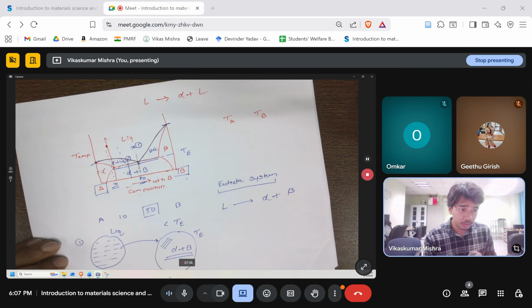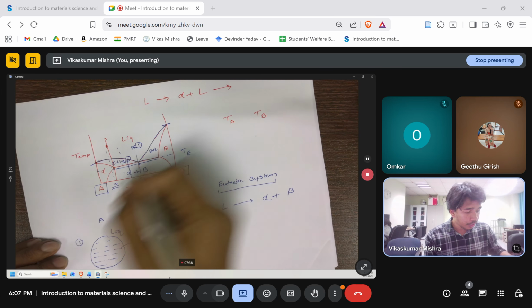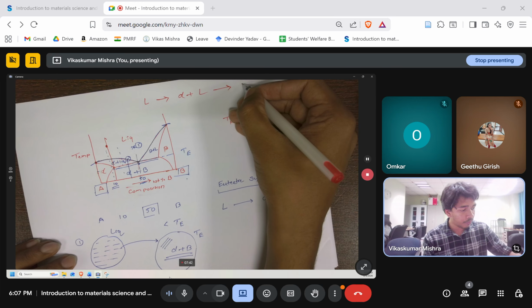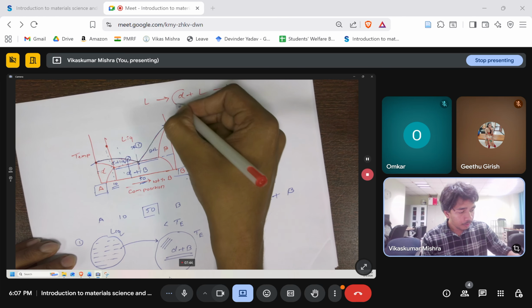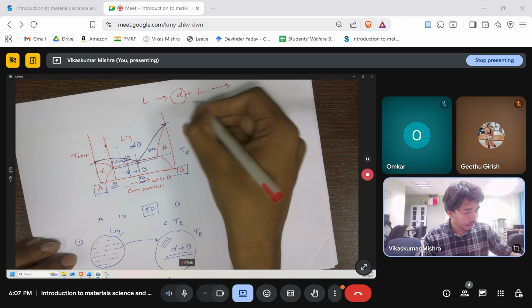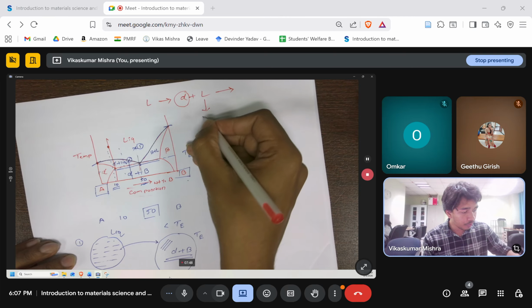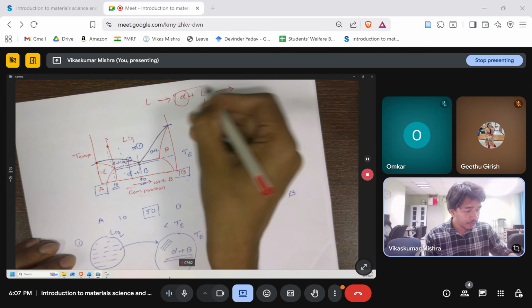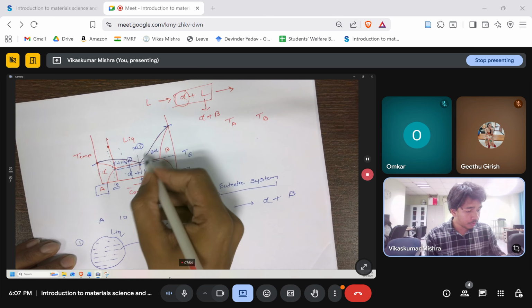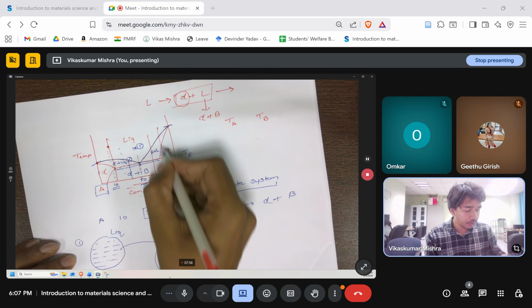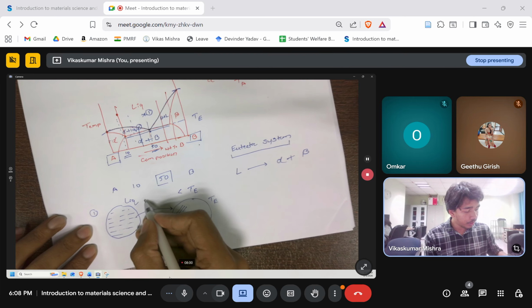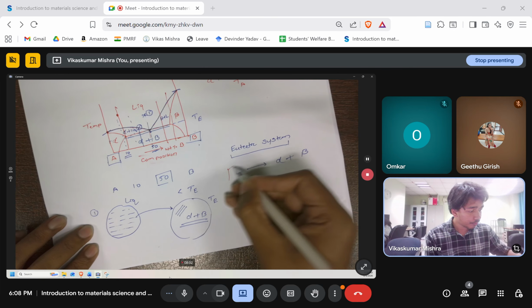Here we have liquid and alpha, and then before the eutectic reaction, again this liquid will form an alpha plus beta mixture. So this step which was there in all the other compositions, we are avoiding, and we are able to get alpha and beta directly from liquid.